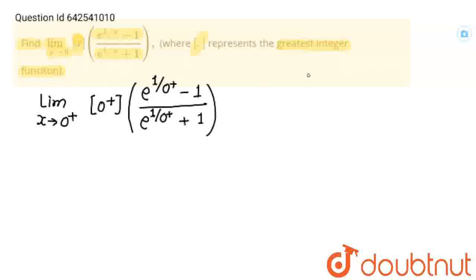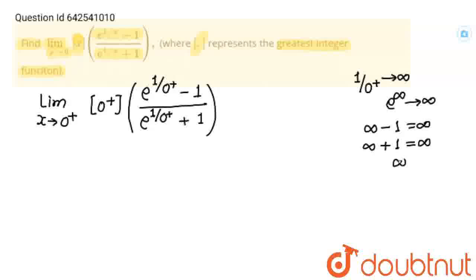Now see, 1 upon 0 plus tends to infinity and e to the power infinity tends to infinity, so numerator is infinity minus 1 which is infinity, and denominator is infinity plus 1 which is infinity, and this becomes infinity upon infinity.